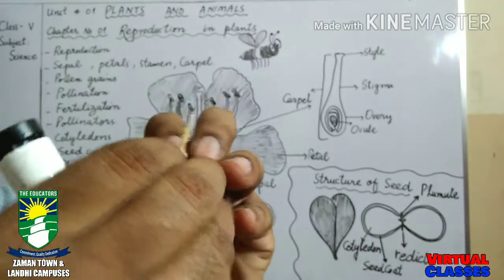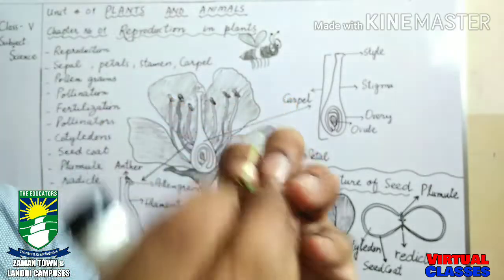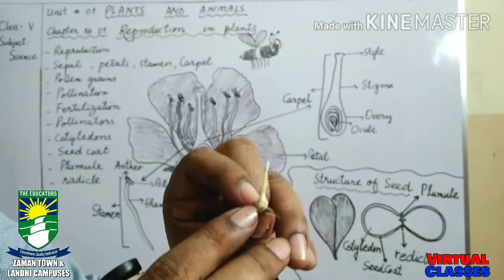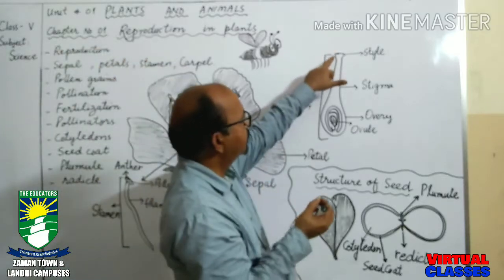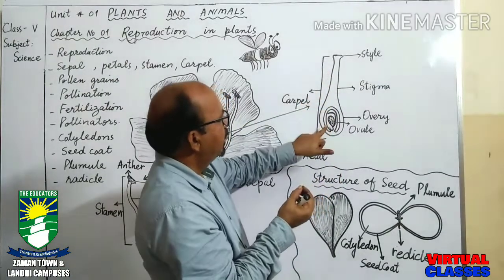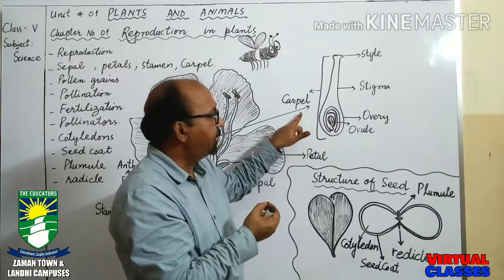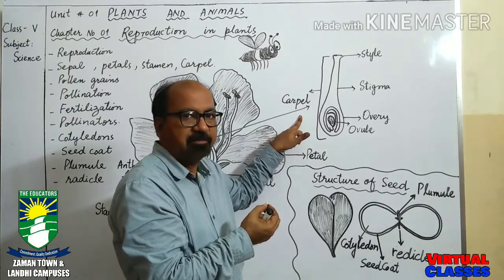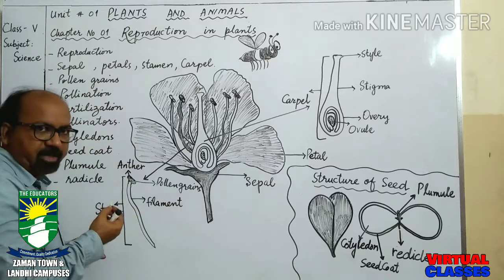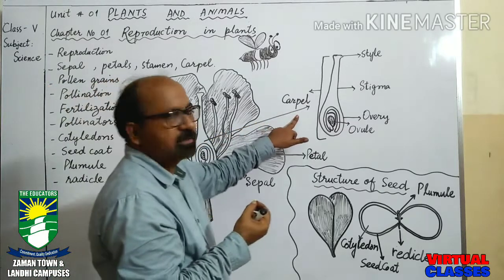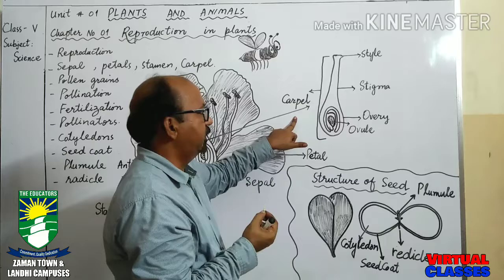So this is called carpel. As you are watching, it looks like this. This is carpel, the female part of the flower. The male part of the flower is called stamen, and the female part of the flower is called carpel.